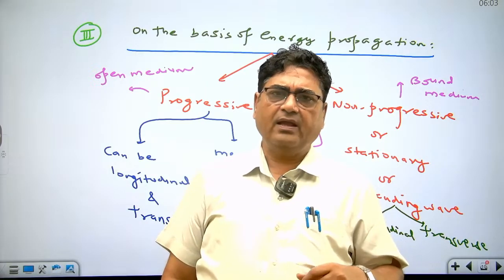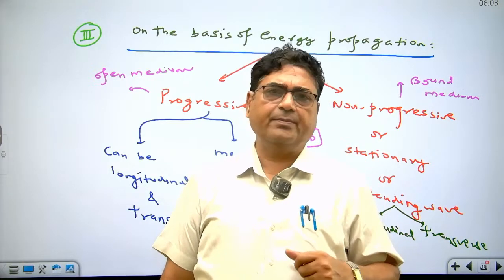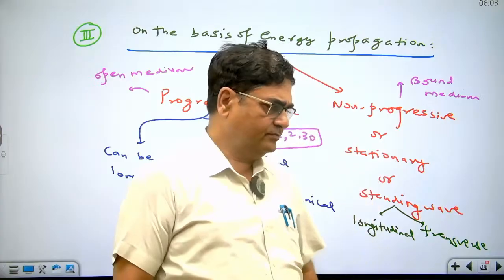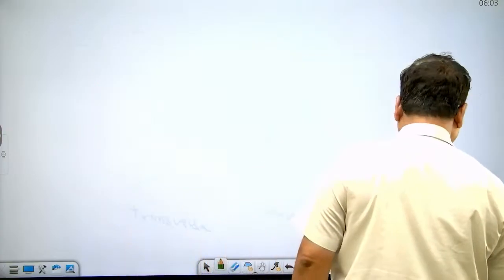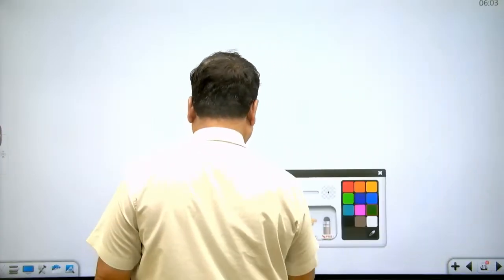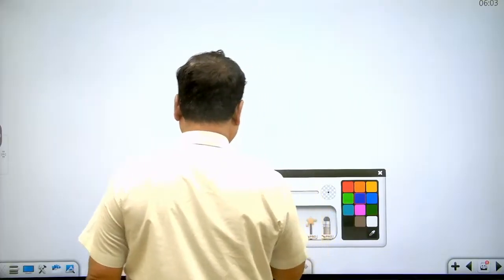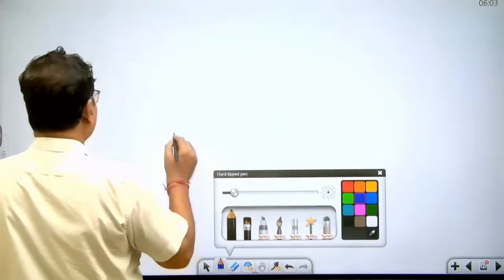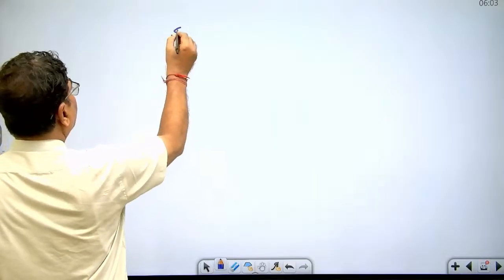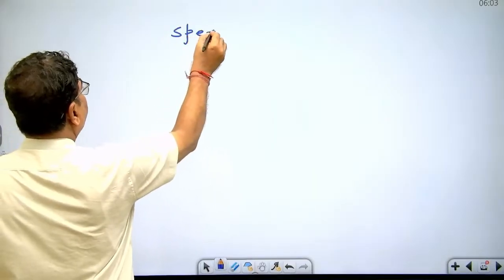Now we will see how the speed of wave is determined in a medium.